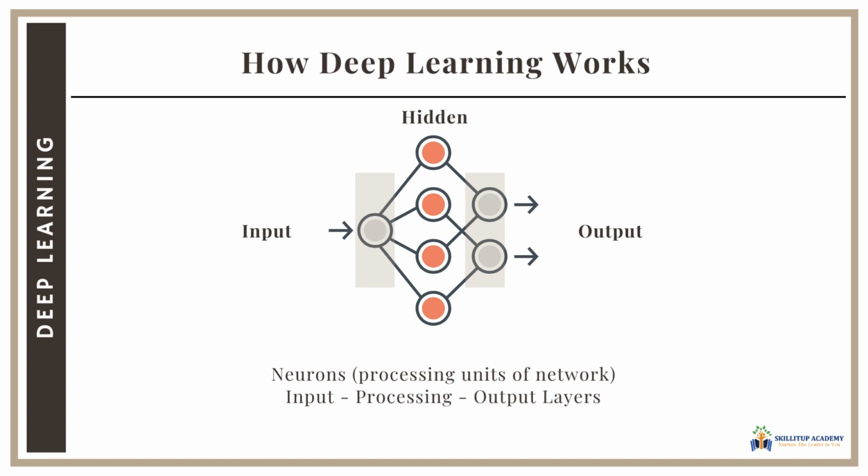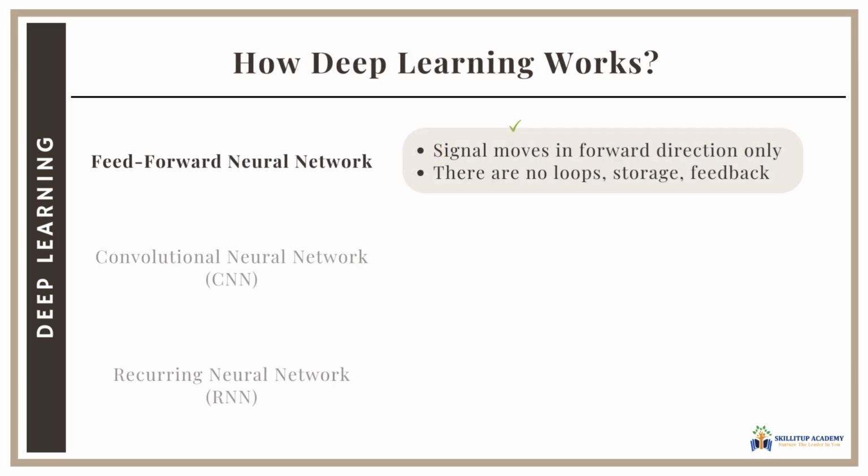And in between, the hidden layers or the processing layers are present. The neurons work based on how they perceive the received input and pass the information to the neurons in the next layer. Looking at the way the neural networks work, there are three types of such networks present.